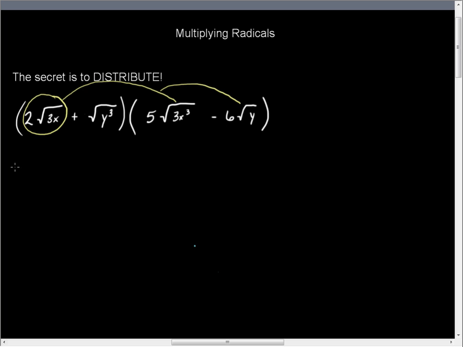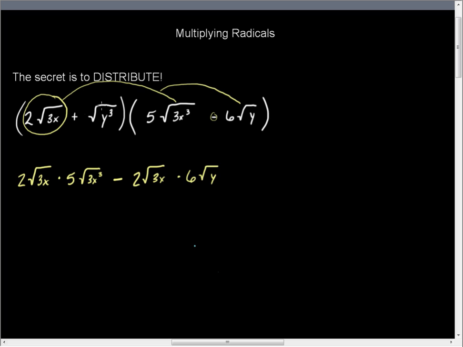I'm just going to simply write that out. 2 square roots of 3x times 5 square roots of 3x cubed minus, that's this minus here, 2 roots of 3x times 6 roots of y. All I did is distribute.